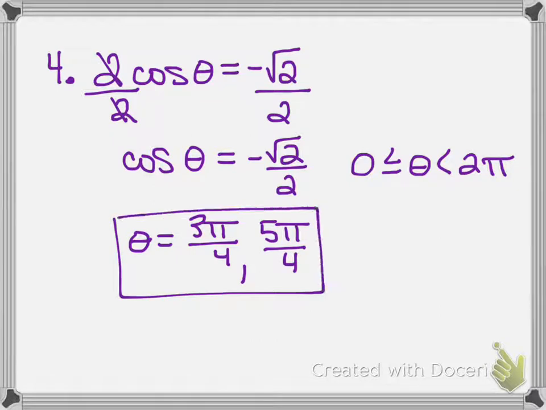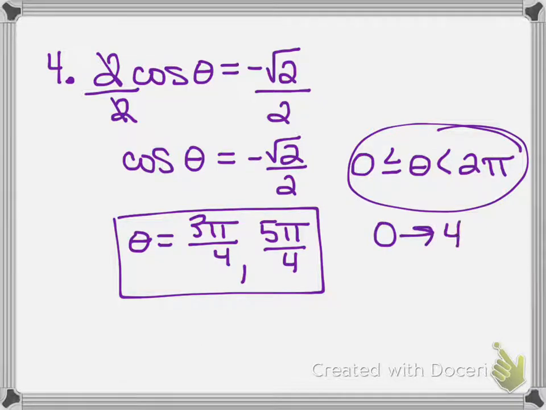But there's a couple of situations that we need to begin preparing ourselves for. One of the situations is that we may not always only solve between 0 and 2 pi. There might be times where they say to solve between 0 and 4 pi. We might solve from negative 2 pi to 2 pi, things like that.